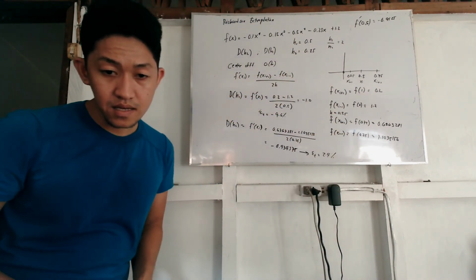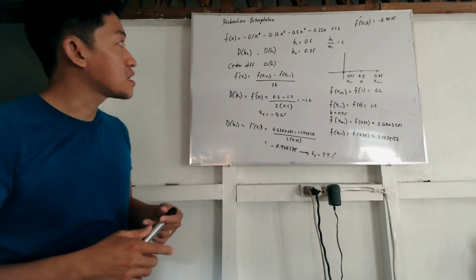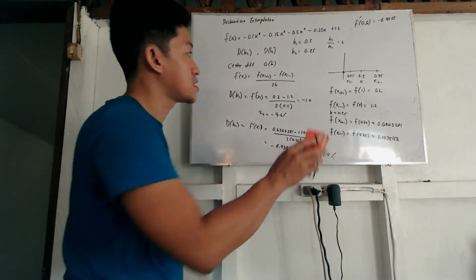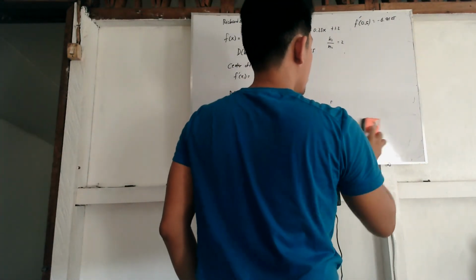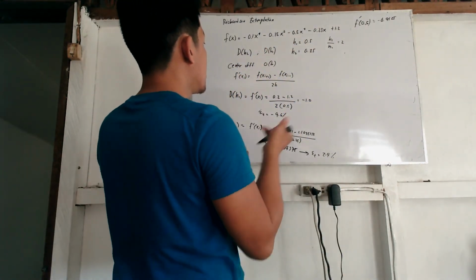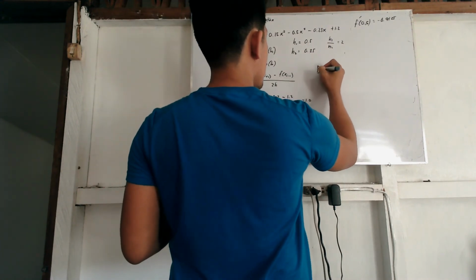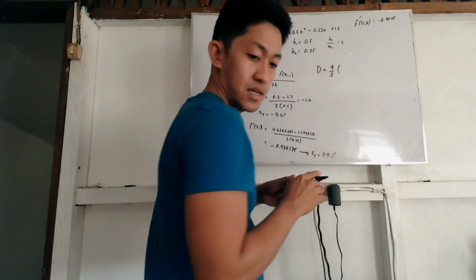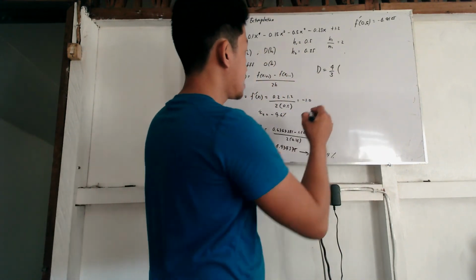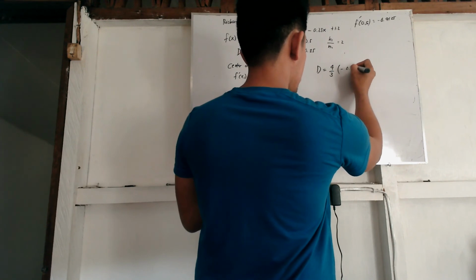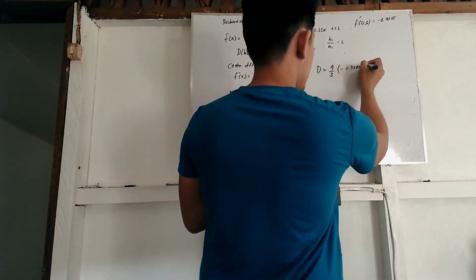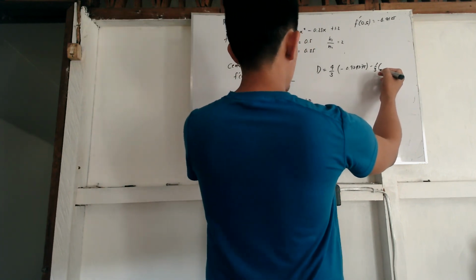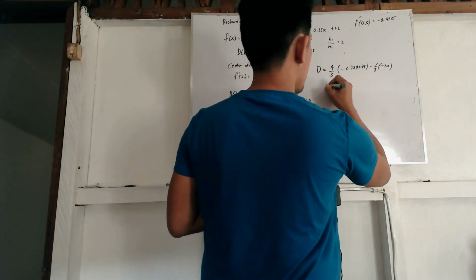Okay, so using the Richardson extrapolation, the derivative is just 4/3 times negative 0.934375 minus 1/3 of h1, negative 1.0.